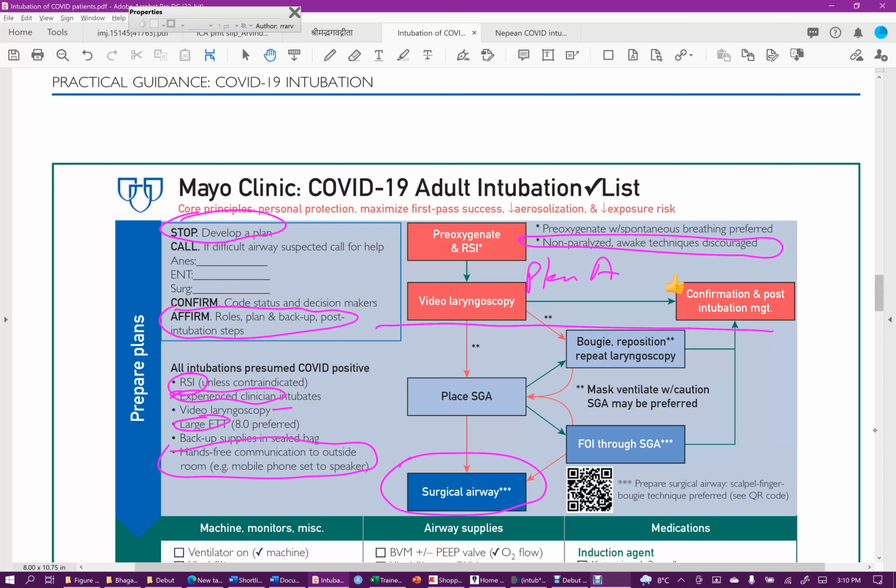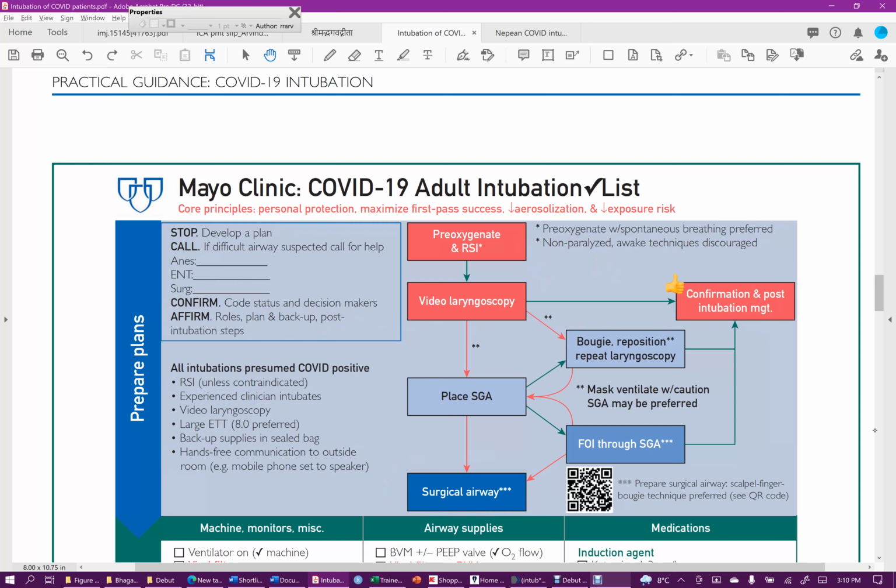So, once again, let me just circle the differences from a routine intubation, so that you will finally know that there are very, very few differences between a well-planned intubation in an aerosol COVID case versus non-COVID. Try to avoid non-paralyzed and awake intubation.